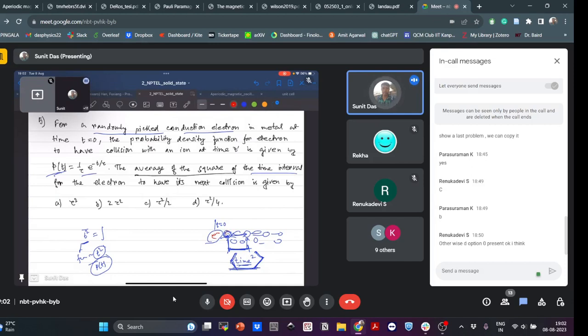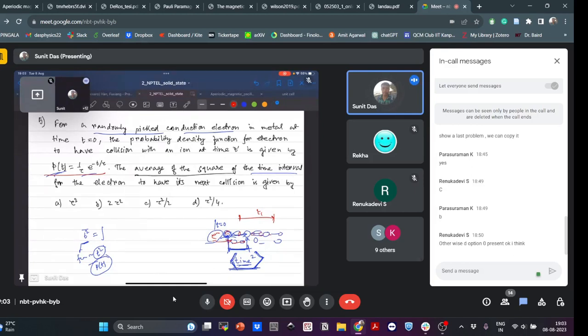And it is not that the electron will collide with each and every atom or ion. It has a probability density like this one, and at some interval of time, let's say t1, it has some probability of colliding with these atoms or ions basically.